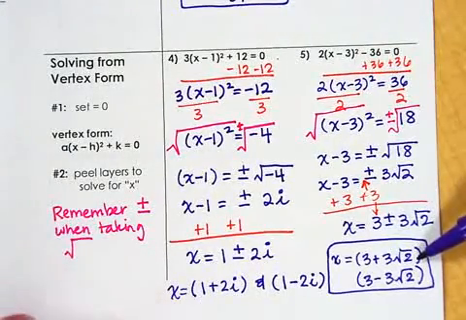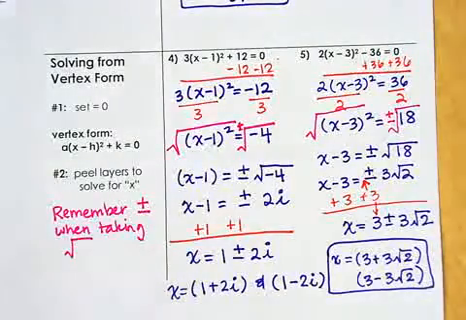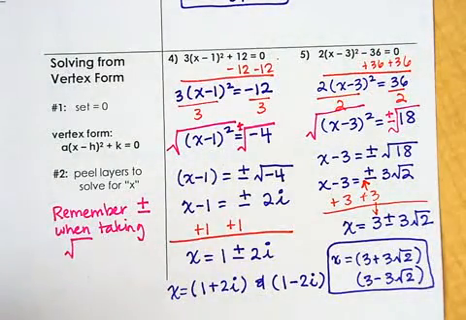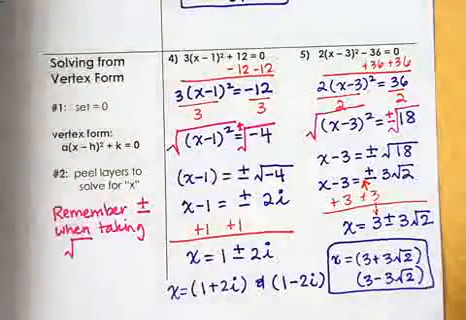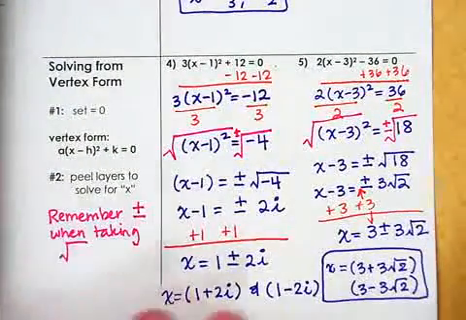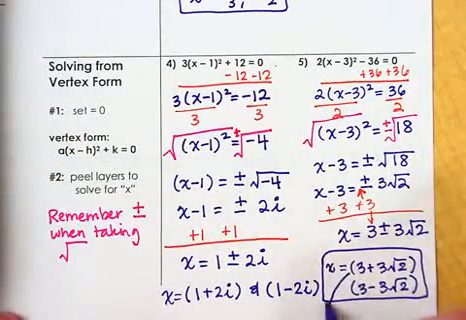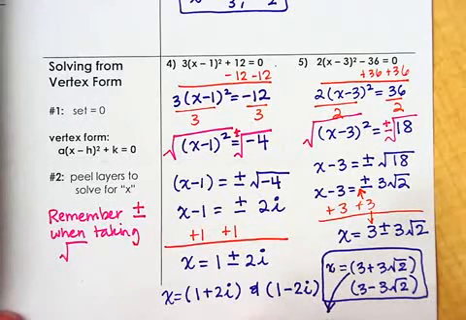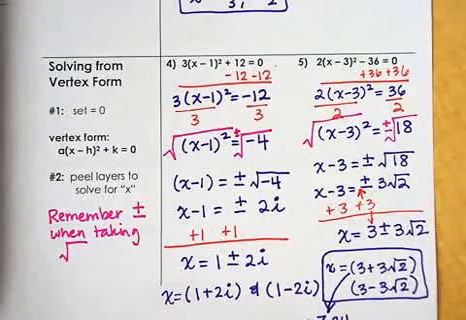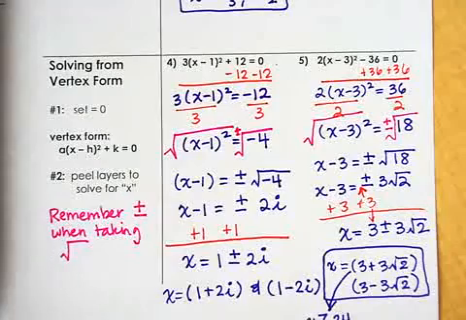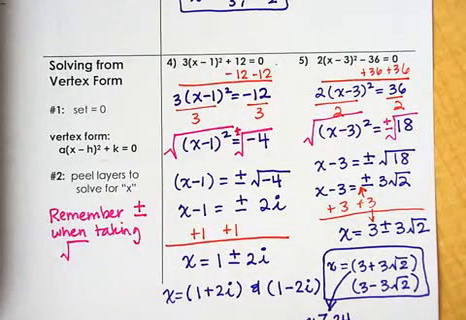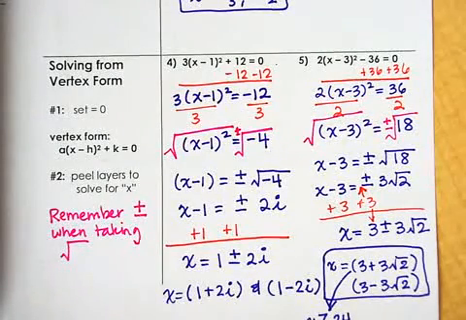If I type into my calculator 3 plus 3 radical 2, I end up with a decimal approximation, just so you can see what's happening. This is approximately 7.24. And then if I type the second one in, 3 minus 3 times the square root of 2.